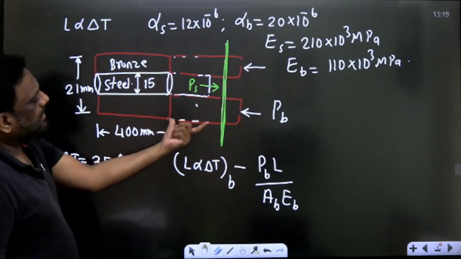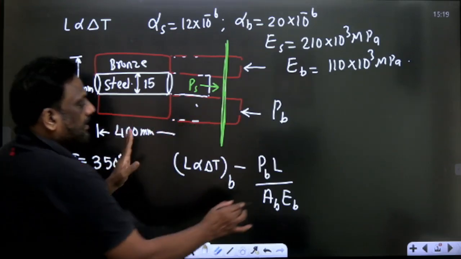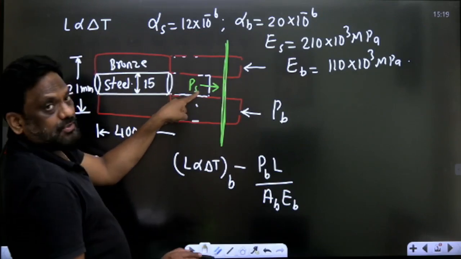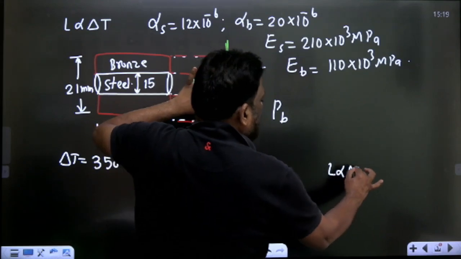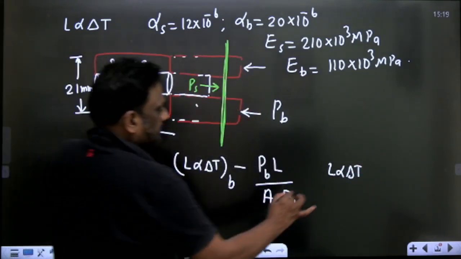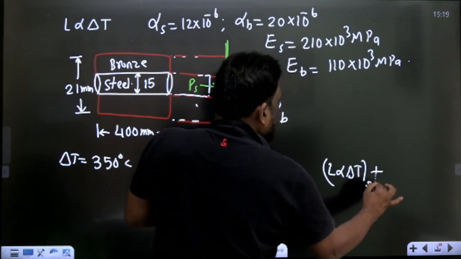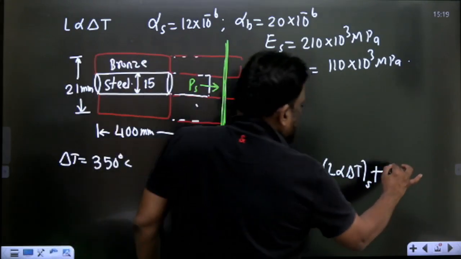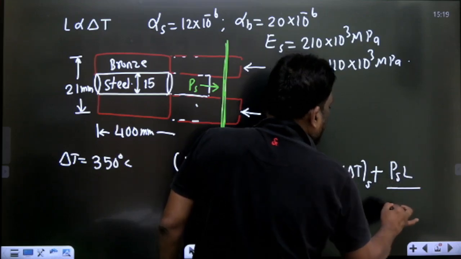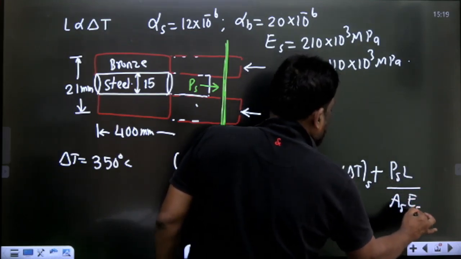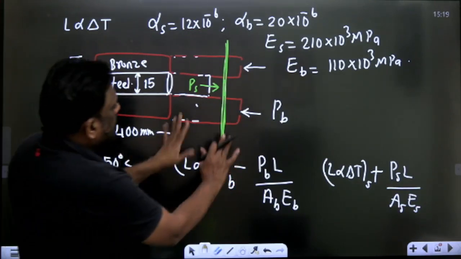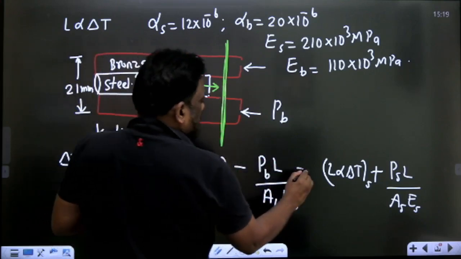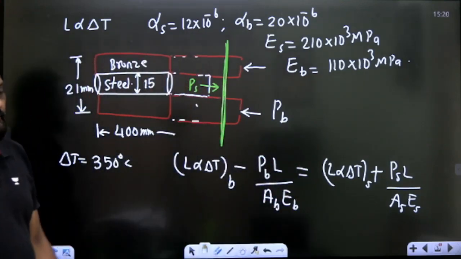Now this is the final position of bronze. Let's see the final position of steel. Steel is L alpha delta T, the free expansion of steel, plus there is a tensile load PS L by A E. This is also over, so no problem at all. Now, because finally both reach the same position, these are equal.